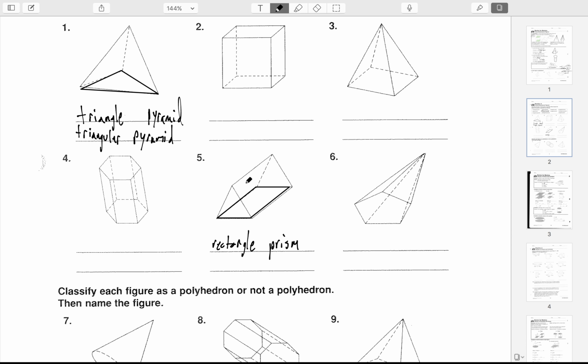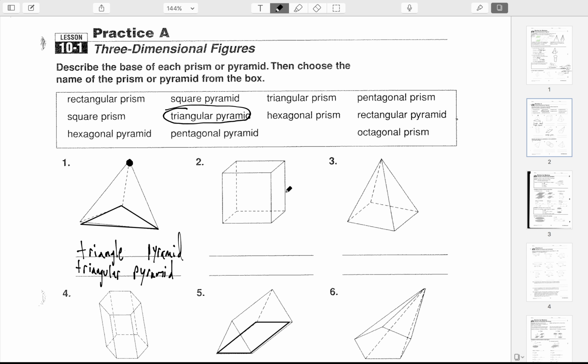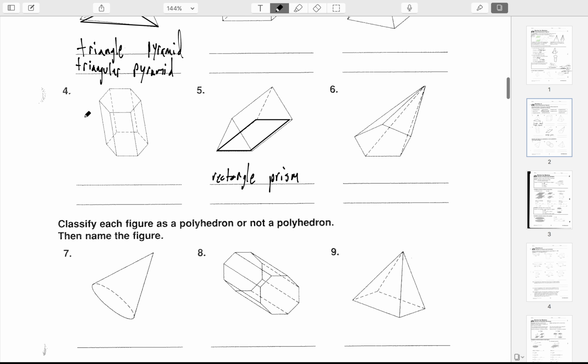It's a prism and not a pyramid, because a pyramid, remember, it meets all at one point. So this is a pyramid because it actually converges to one point, right? So what has a rectangle base and is a prism? So rectangular prism. Rectangular prism is your actual answer.